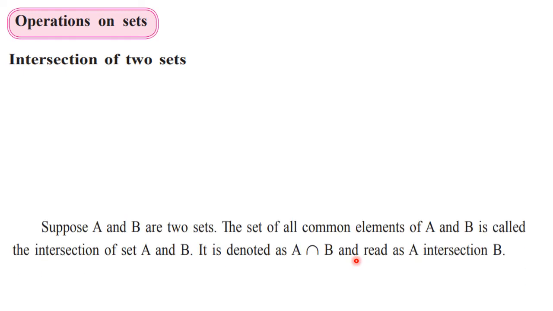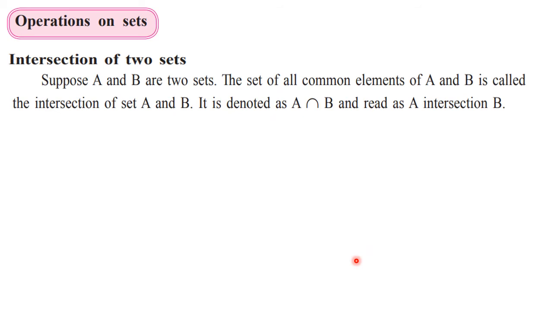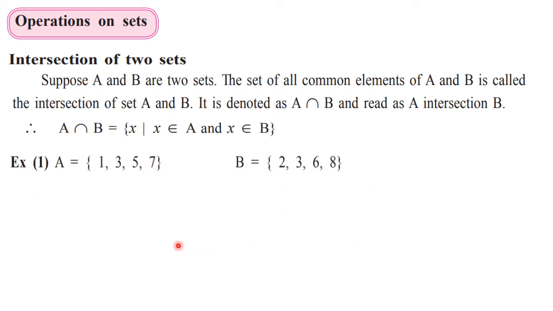Okay, so let us start with operations on set. In that, the very first operation is intersection of two sets. Okay, let us revise this now. Here, if we have two sets, A and B, A contains elements 1, 3, 5 and 7 and B contains elements 2, 3, 6 and 8.